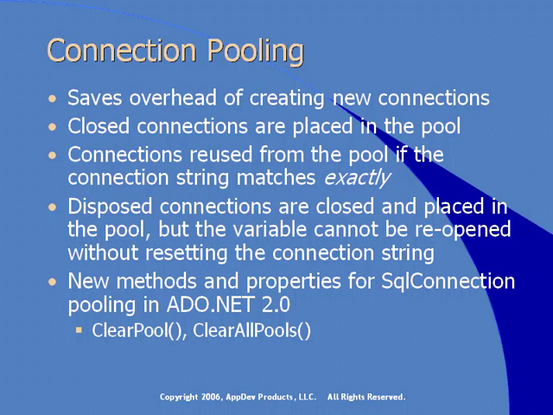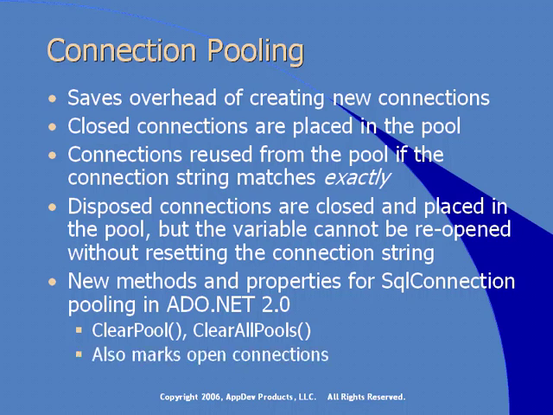So for each connection string, there's a pool that can have multiple connections available. So you could have multiple pooled connections that all have the same connection string. And this is for a very busy application where you might be moving things in and out of the pool even without changing the connection string.